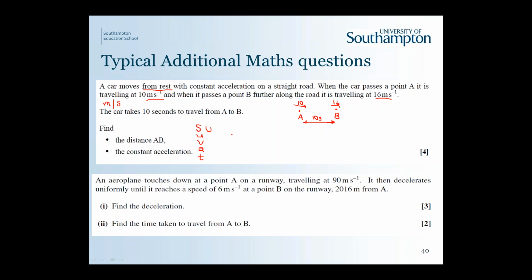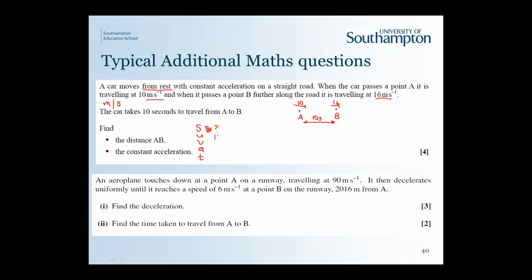So if we write out what we've got, we want the distance AB. So that's what we want, so if we put a question mark there. We've got U, our initial velocity.